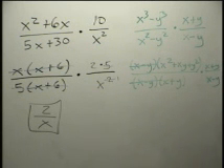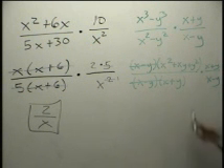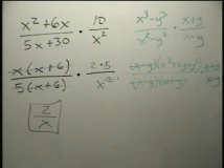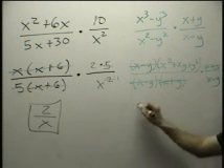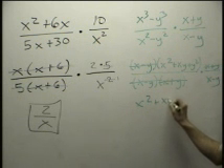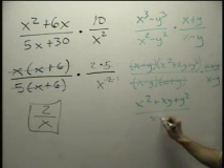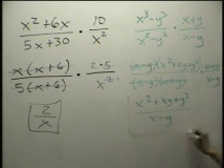One of them is going to be left. Similarly, x plus y I have in common. And so the end result is x squared plus xy plus y squared over x minus y.